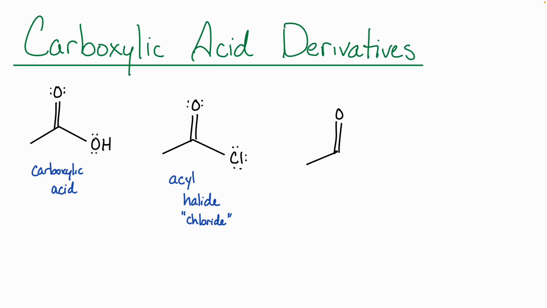Another one that's a really popular starting point in the lab is when you replace that bond on that carbonyl carbon with just another carboxylate. And this is what's called an acid anhydride.